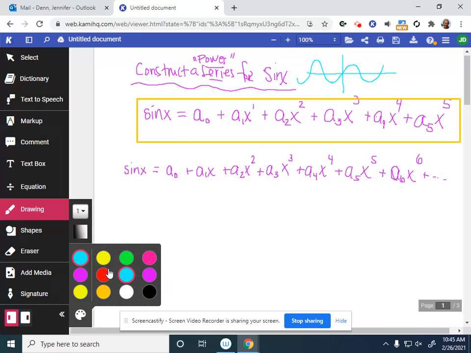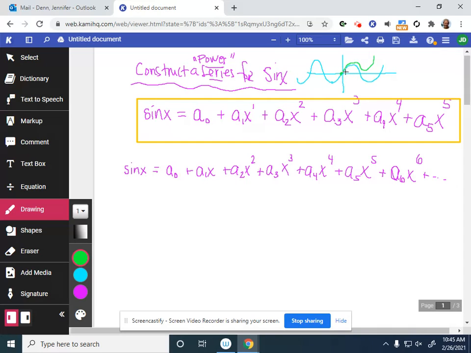Whatever its series is should look identical, at least for a while. Maybe it ends up falling away at a certain point, but at least from -1 to 1, and maybe even further, we should have a basically exact match if I were to graph all the terms of the series and I were to graph sine of x.